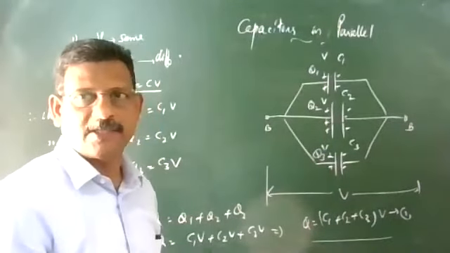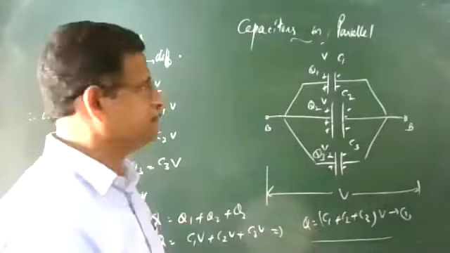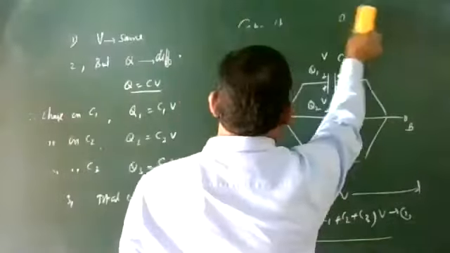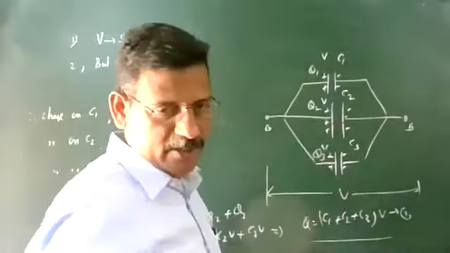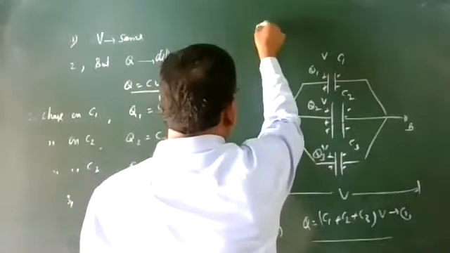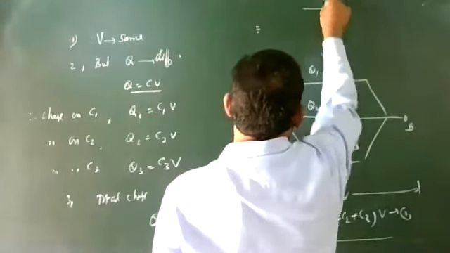Now these three capacitors are replaced by a single capacitor. We call it the equivalent capacitance. I'm making the diagram: these three are replaced by a single capacitor here.